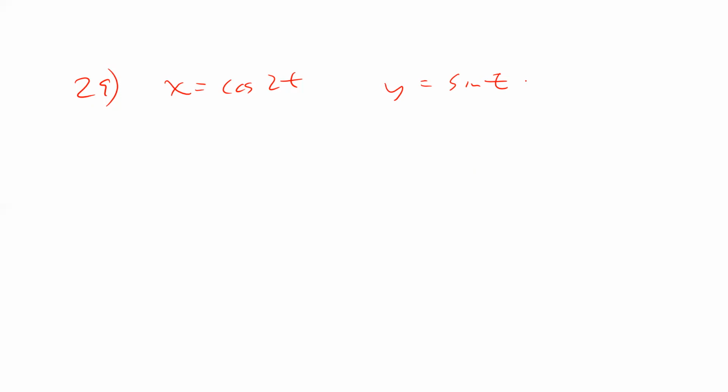How'd you guys solve it? I got 1 minus 2 y squared equals x, something like that.